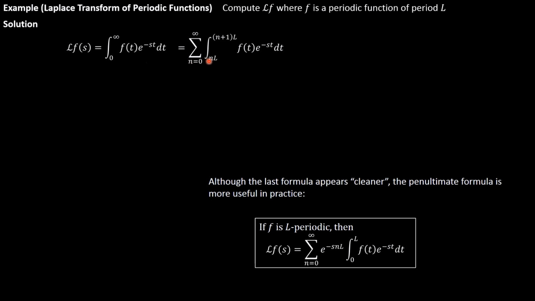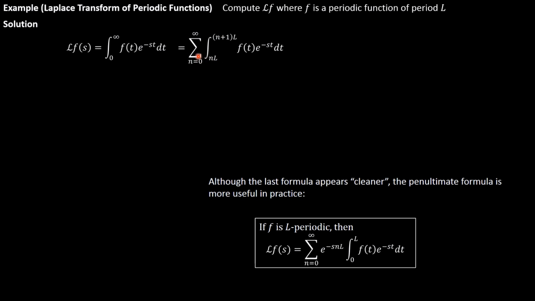So what we can do is break this integral into infinitely many segments: from 0 to L, from L to 2L, from 2L to 3L, and so on. I've written that as an infinite sum.